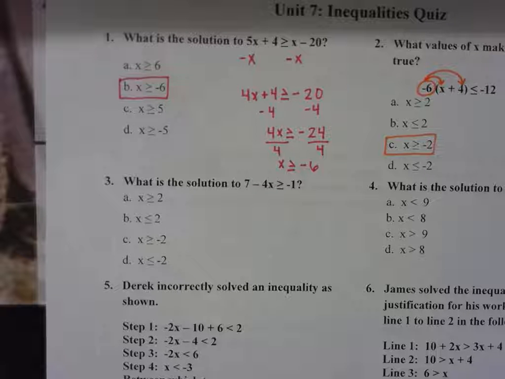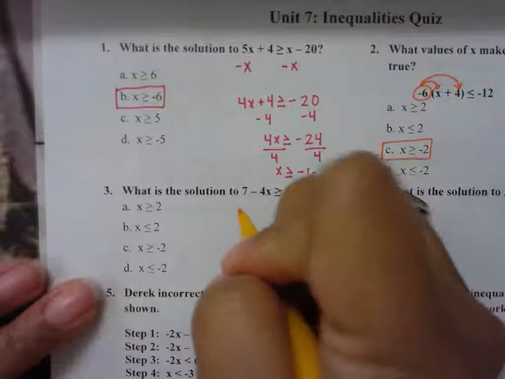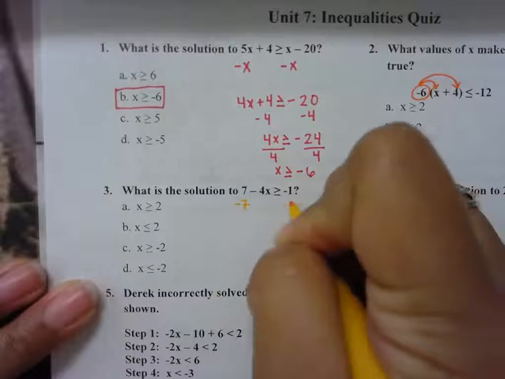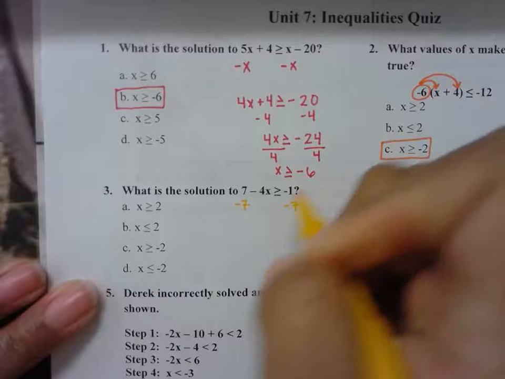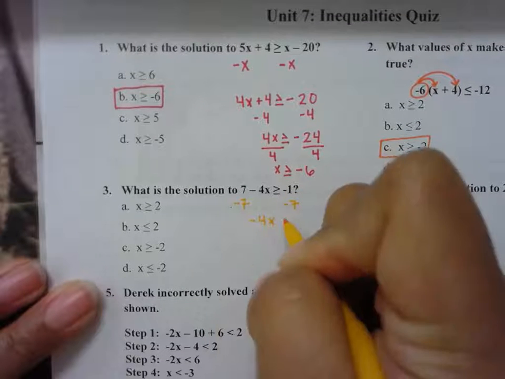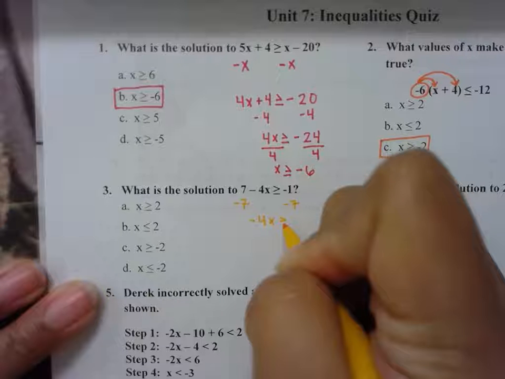Numbers 3 and 4 are very similar to numbers 1 and 2. Just moving all of my constants to one side of the equation, leaving my variables on the other side. So I'm subtracting 7, leaving me with -4x is greater than or equal to -8.